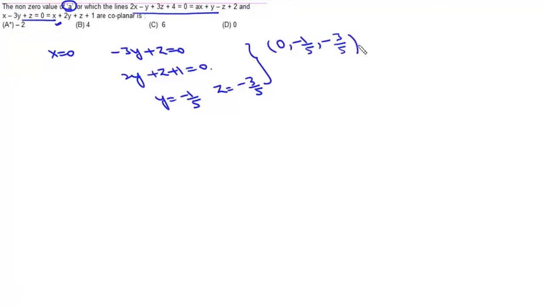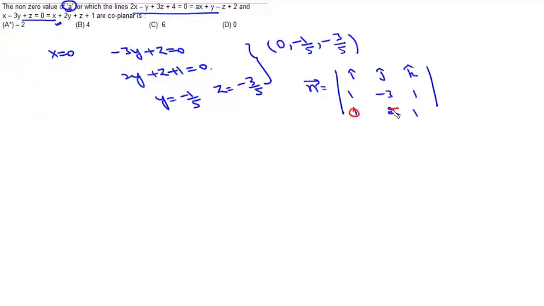Now we can also find the direction ratios of this line. For direction ratios, all we need to do is take the cross product. So this is i, j and k, and this is 1, minus 3, 1, and here it will be 1, 2 and 1. Now what we'll do is write R3 as R3 minus R2.